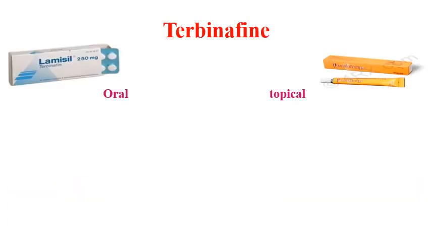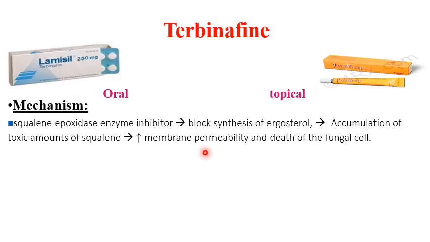Terbinafine is used for tinea or dermatophytes, and is present in two formulations, orally and topically. It's used topically and systemically for tinea or dermatophytes. Terbinafine inhibits the cell membrane by inhibition of the squalene epoxidase enzyme, so inhibiting the cell membrane of the fungus.